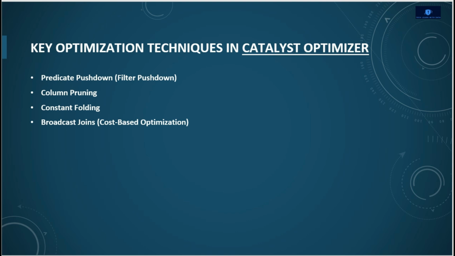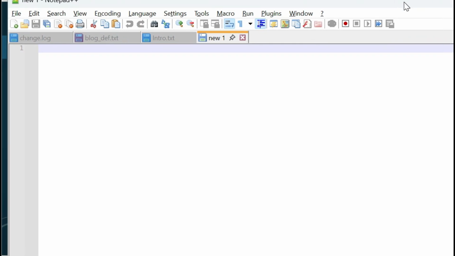Okay, let's take a simple example. If you have a small df, spark read dot csv, and you have some small csv file.